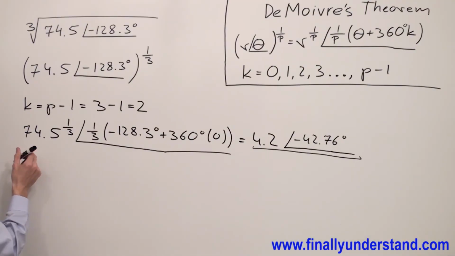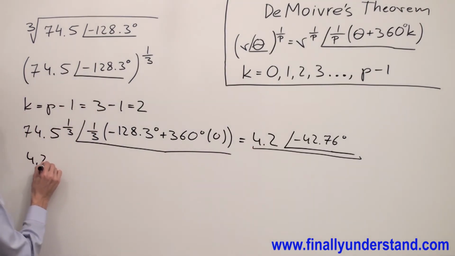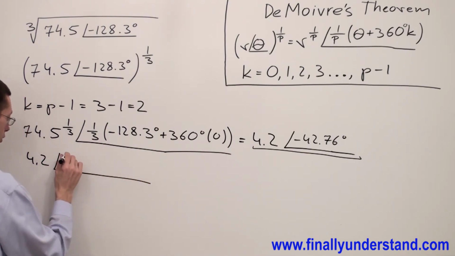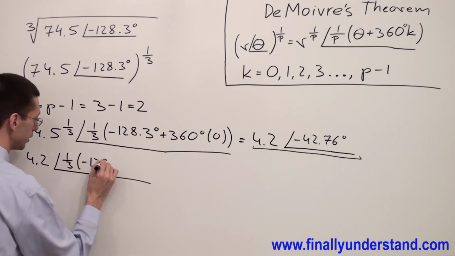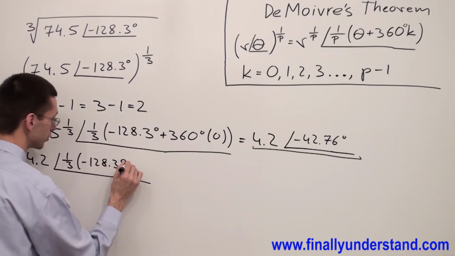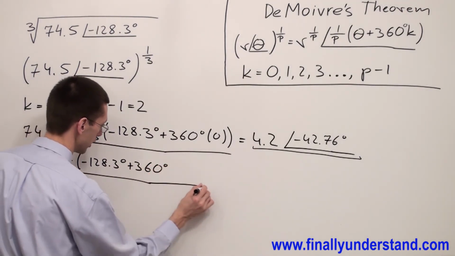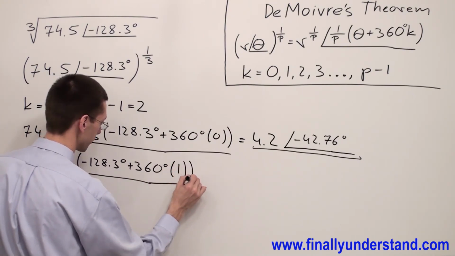If you want to find the second root, simply copy down this magnitude, and we have 4.2, and perform the calculations. 1/3 times negative 128.3 degrees plus 360 degrees, and this time the value of k is equal to 1.